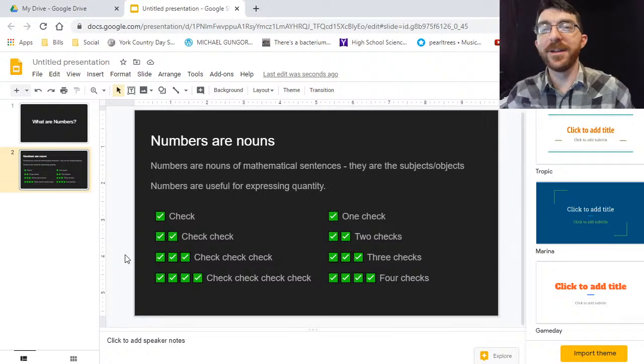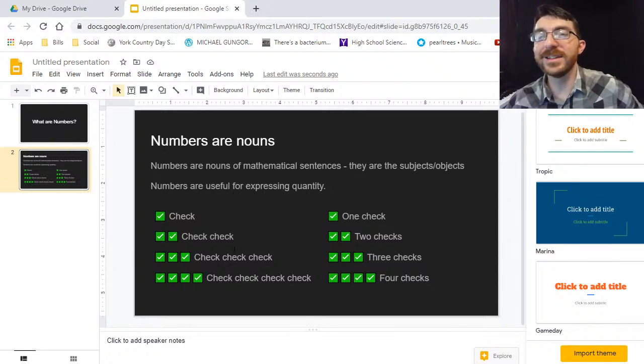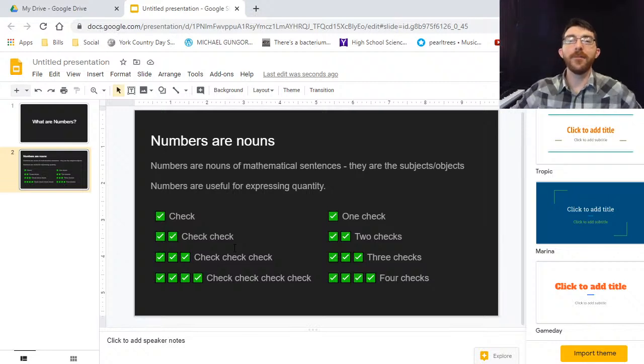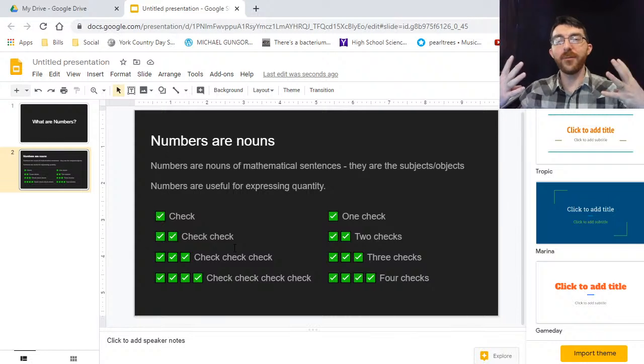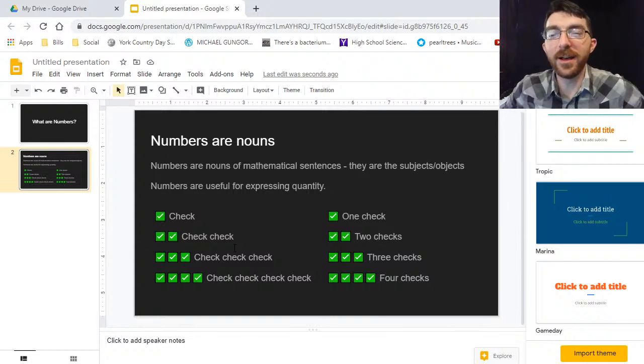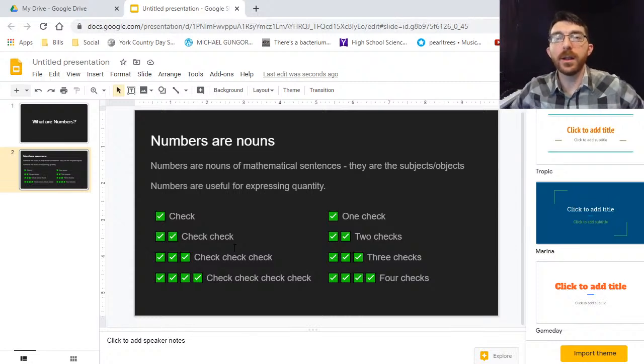That you can understand that there is something the same about 4 of these and 4 of those. There's a 4-ness to them that we're trying to express with a number. Okay, numbers are nouns expressing quantity.